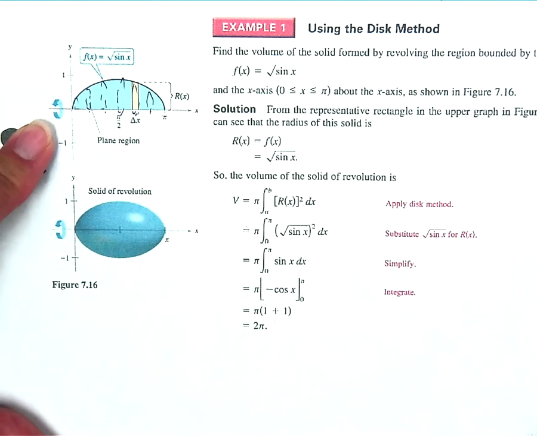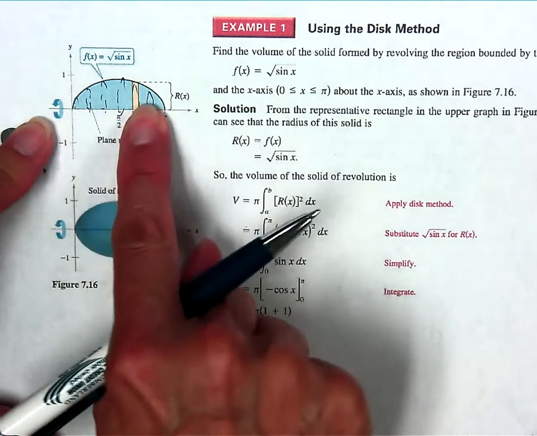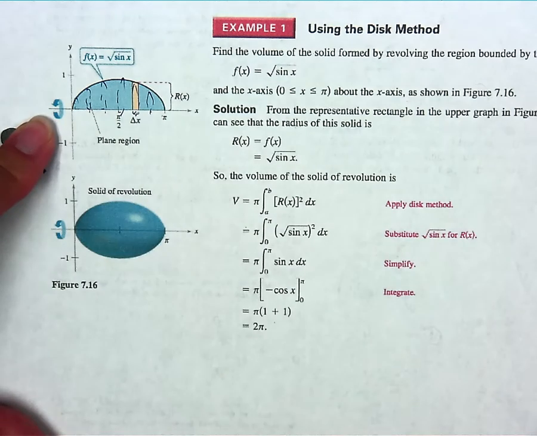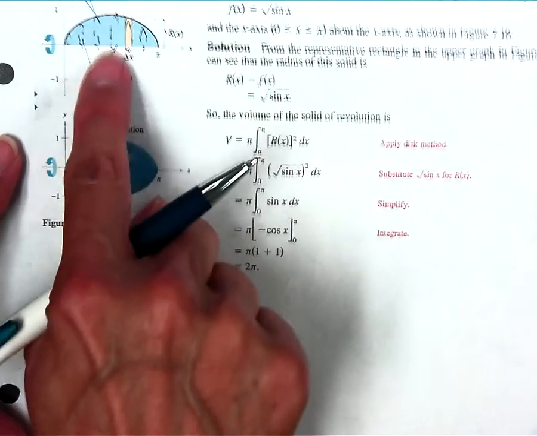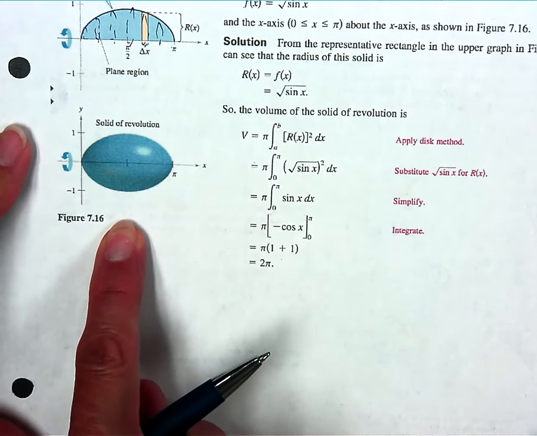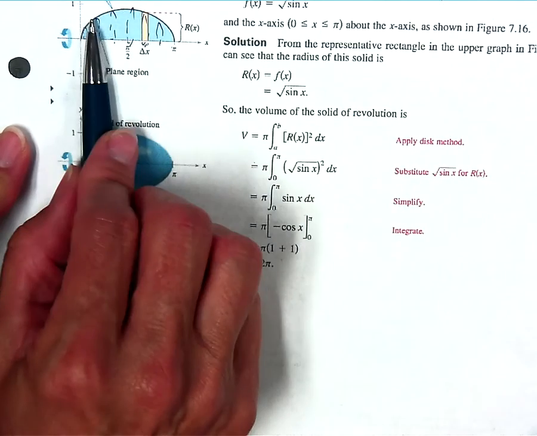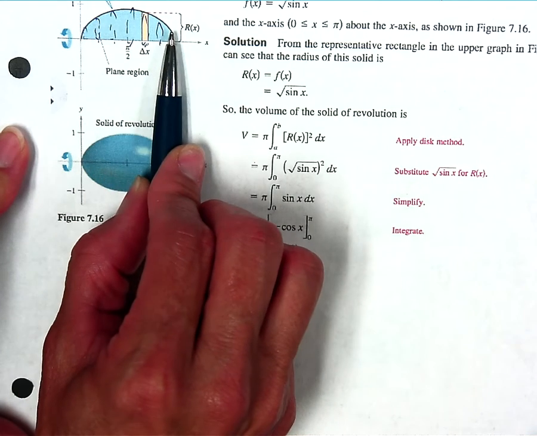You have infinitely many discs in there. Each disc has a radius of square root of sine x at whatever x value you're talking about. So the radius is square root of sine x. Here's what that would look like if you spun it around the x-axis. My rectangles are perpendicular to the x-axis, moving from 0 to pi.